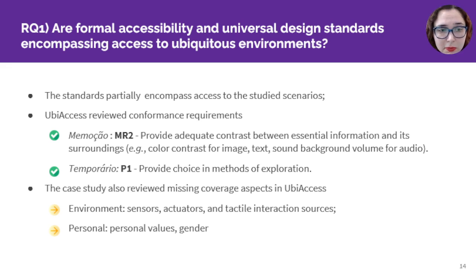And from Temporário, Personal 1, provide choice in methods of exploration. Also, the case study revealed missing aspects in UbiAccess. For example, in environment, we could not cover sensors, actuators, and tactile interaction sources. And in personal, values or gender.